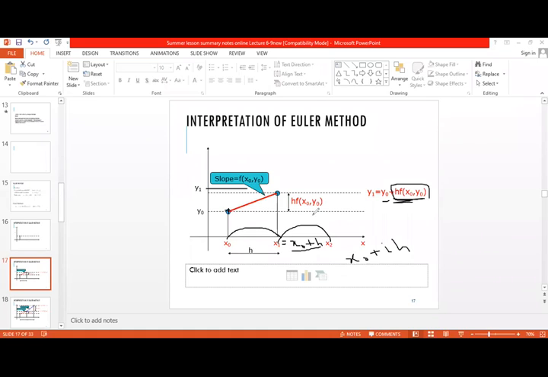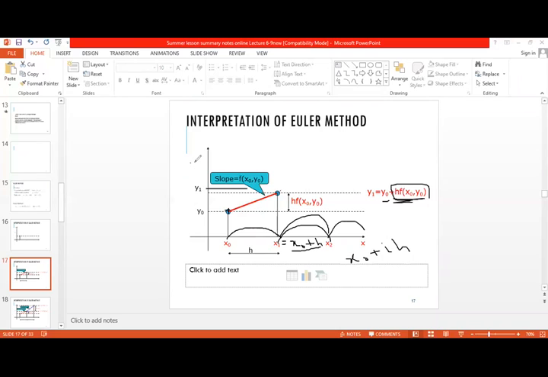When i is 2, we have x naught plus 2h. When i is 3, we have x naught plus 3h, and so forth. And then you keep looking for the corresponding y1, y2, y3, y4 values. That will help us to get an approximate curve.